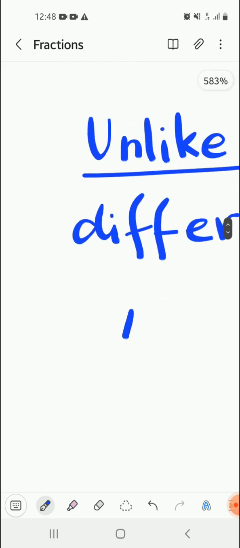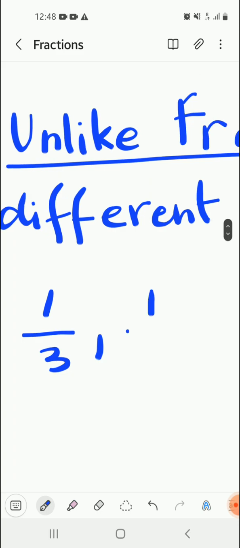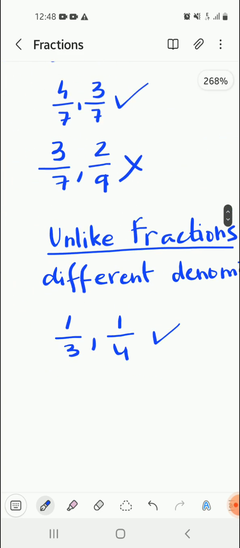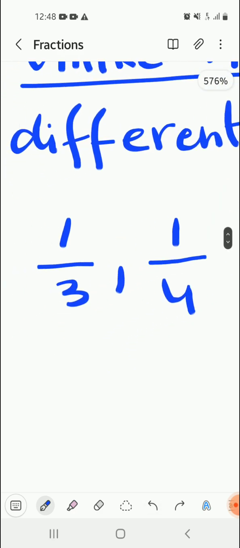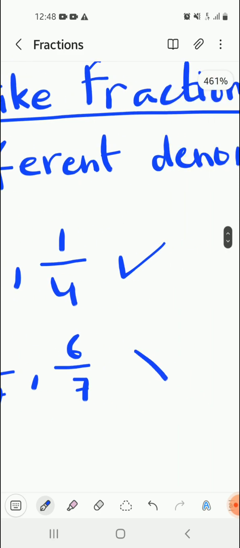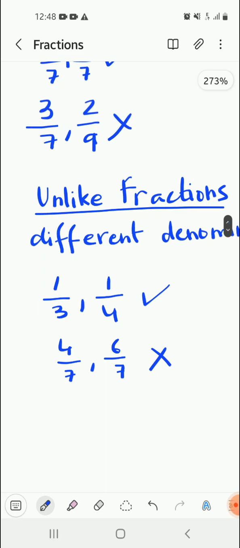Even if it's given 1 by 3 and 1 by 4, it is an unlike fraction because the denominators are different. But if it is given 4 by 7 and 6 by 7, then it is not an unlike fraction.